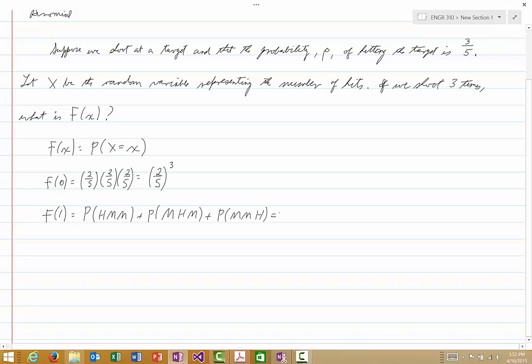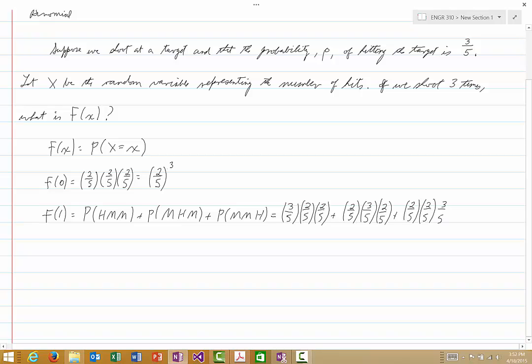And notice that for each one, for instance, hit, miss, miss, the probability is 3/5, and then miss and miss would be 2/5 and 2/5. On the other hand, the probability of miss, hit, miss would be 2/5 times 3/5 times 2/5. And then finally, the probability of miss, miss, hit would be 2/5 times 2/5 times 3/5.